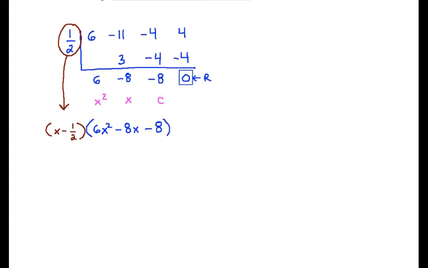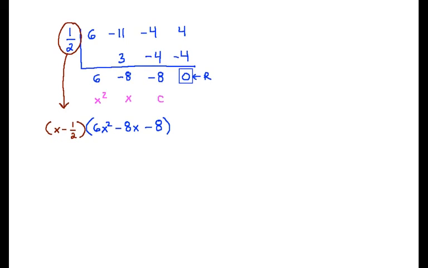Okay, so now I'm going to start working on factoring 6x squared minus 8x minus 8. The first thing I notice about this is that it has a common factor of 2 that I can remove. So I'll do that first. And then I'll look at this resulting polynomial and see if I can factor it.